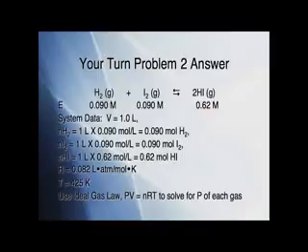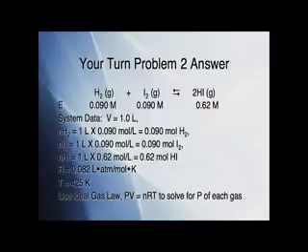And in order to do this, I'm going to simplify by converting back from my moles per liter concentration to the number of moles of each gas. And you'll remember from stoichiometry that if we take the volume in liters times the moles per liter concentration, the liters will cancel and we'll be left with the number of moles of gas. So we do that for each.